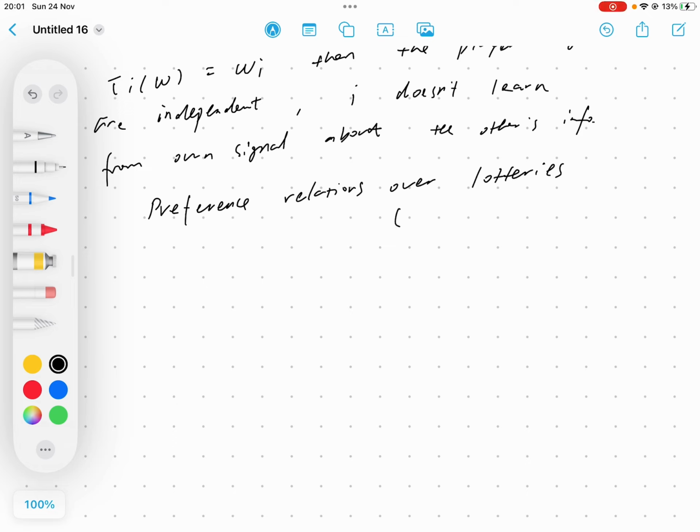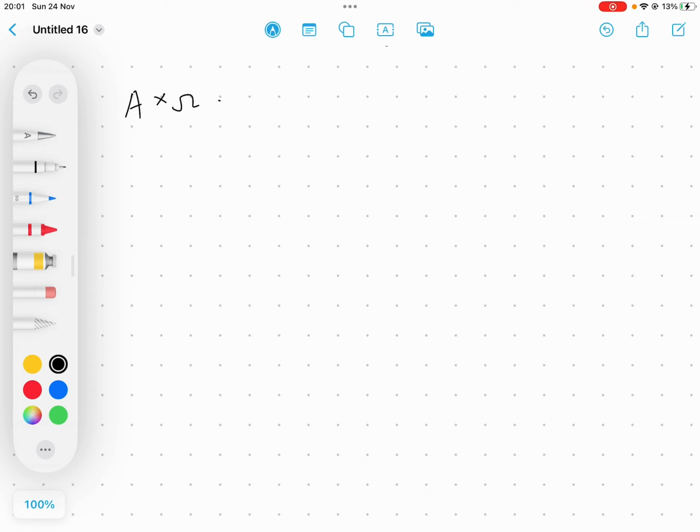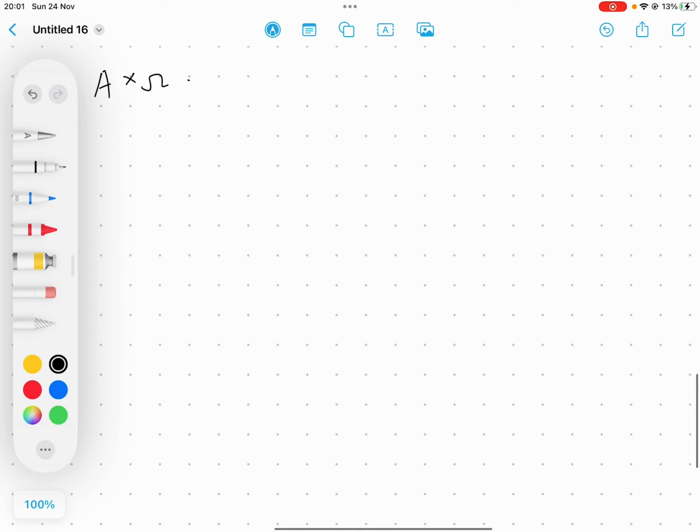Those are just some probability distributions. This has to be a cross over omega. Previously, in strategic games, this was just the cross product of all the a's. So here we have the omegas. Good, now we're ready to start by defining the Bayesian game.